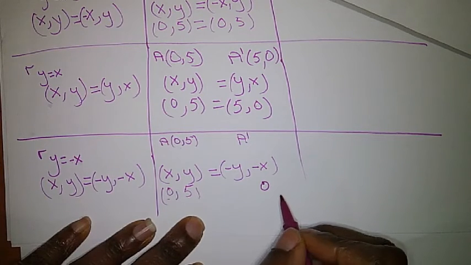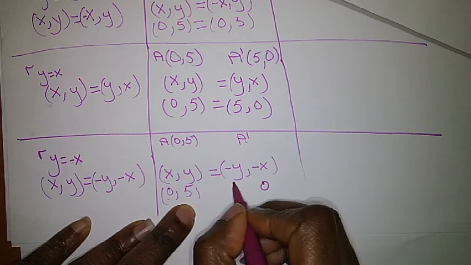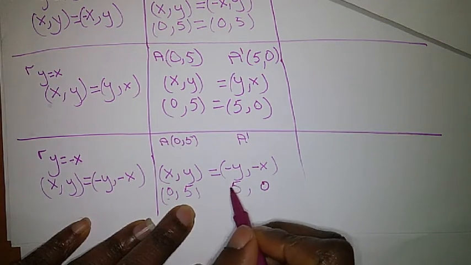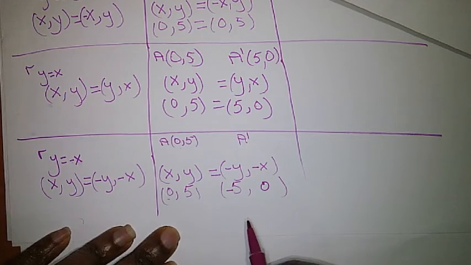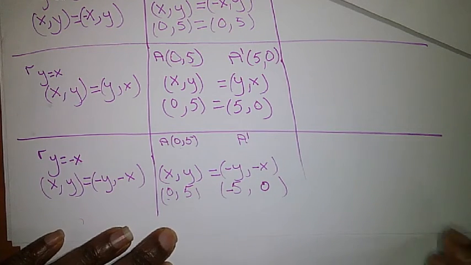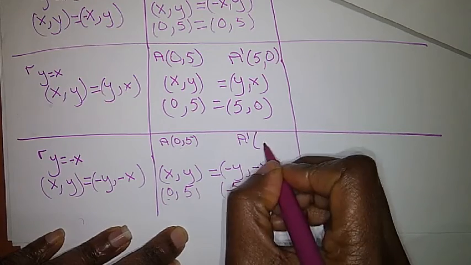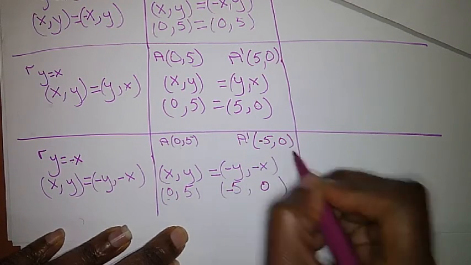And then my 5 in my y position is here, and my 5 becomes negative. So this is how you follow. My image point is (negative 5, 0).